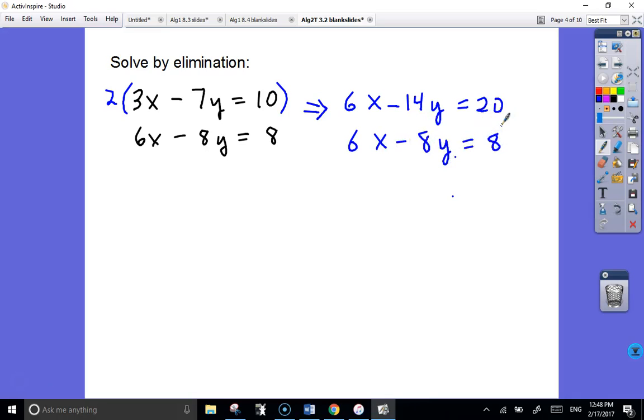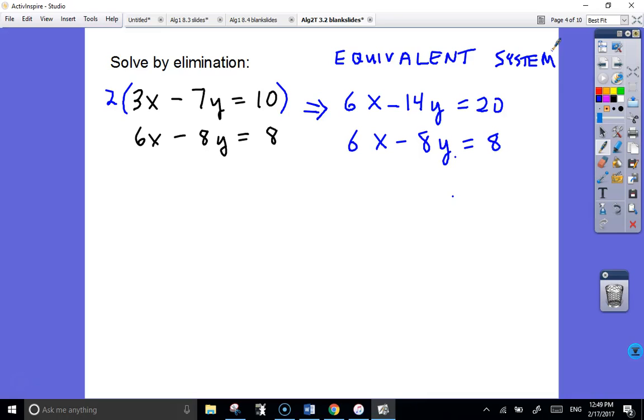Okay, when you've multiplied by one or the other, that's called an equivalent system. Equivalent. It's equivalent because the graphs of the lines would be exactly the same. The intersection point is exactly the same. So we haven't changed anything about that.